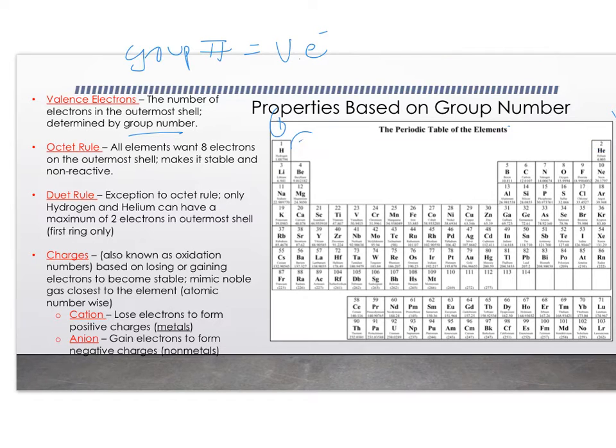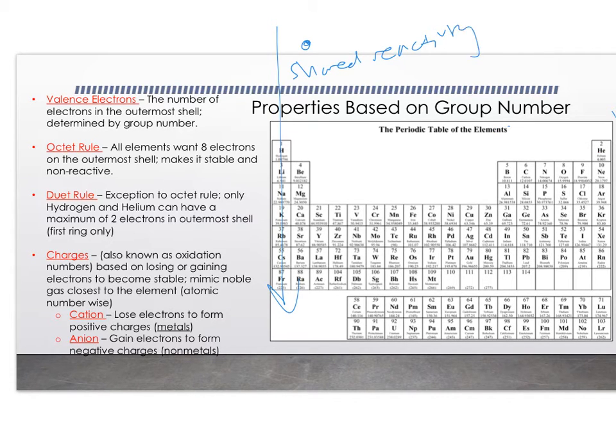So looking at the group number, you can determine the number of valence electrons. And because elements in the same group have similar characteristics based on reactivity, that is due to the valence electrons. So the shared reactivity of your elements in the same group is going to be based on the valence electron number.